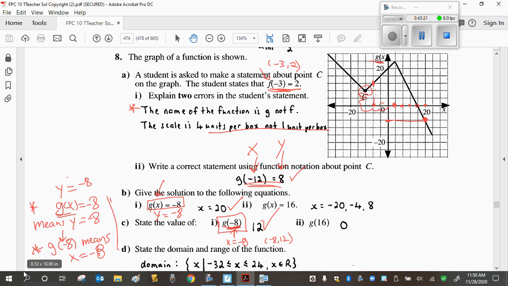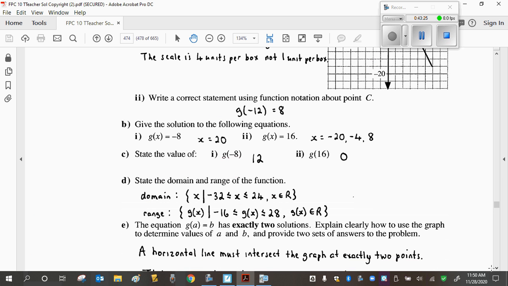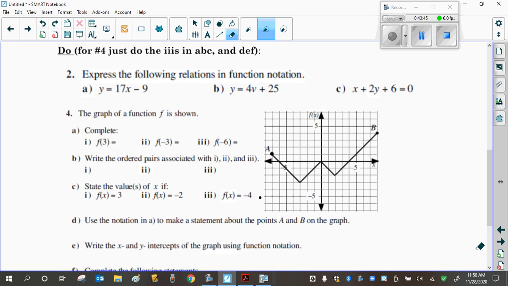Not sure I didn't put domain and range. I'll let you write that down here for this. Go ahead and write it beside C. Write down the domain and the range of this graph. You don't have that question, just go ahead and write it.